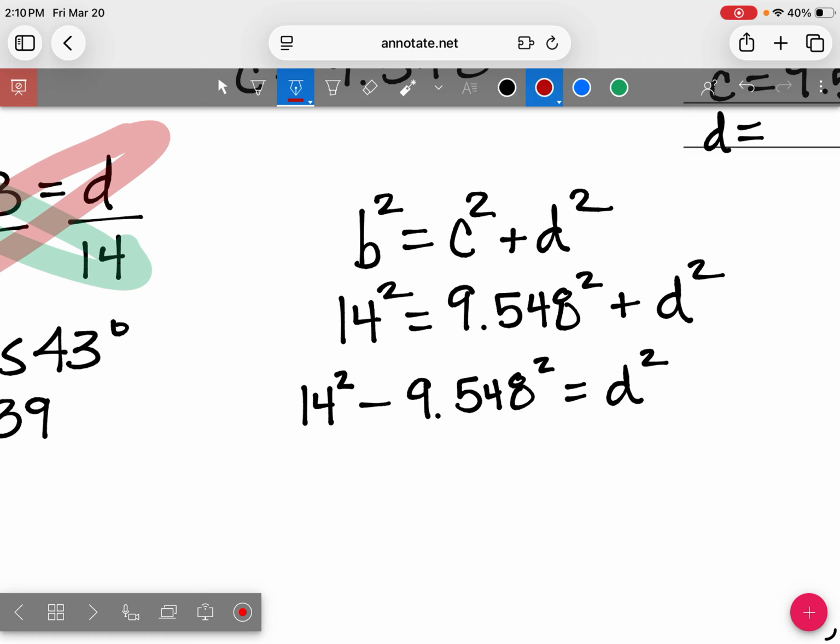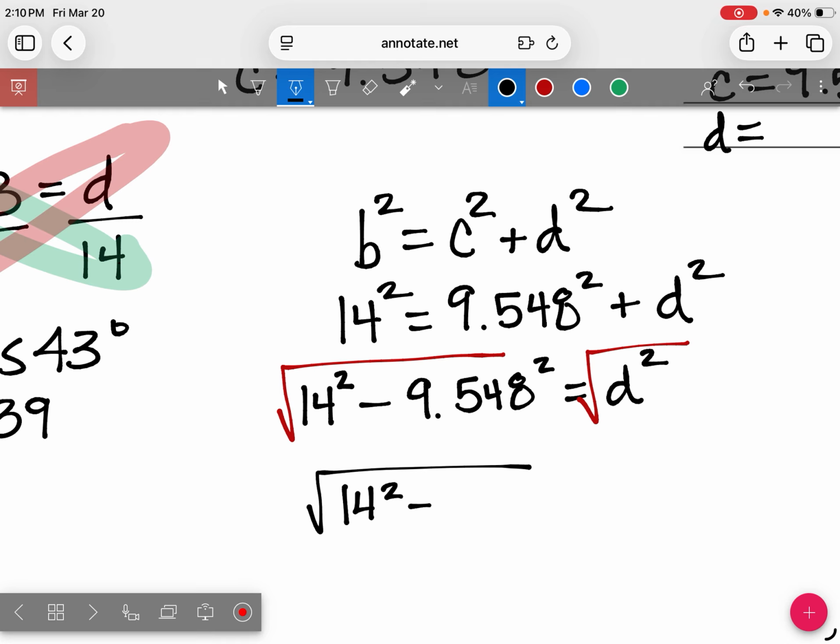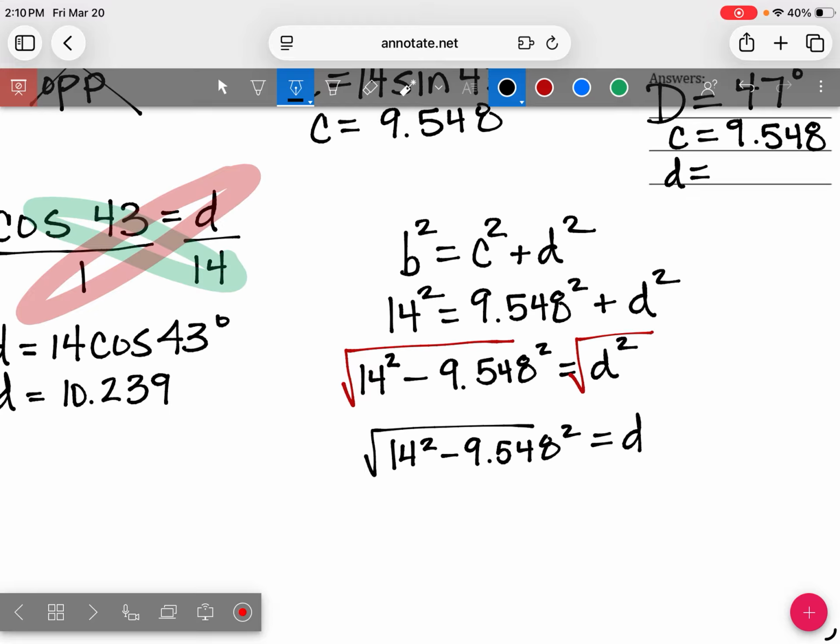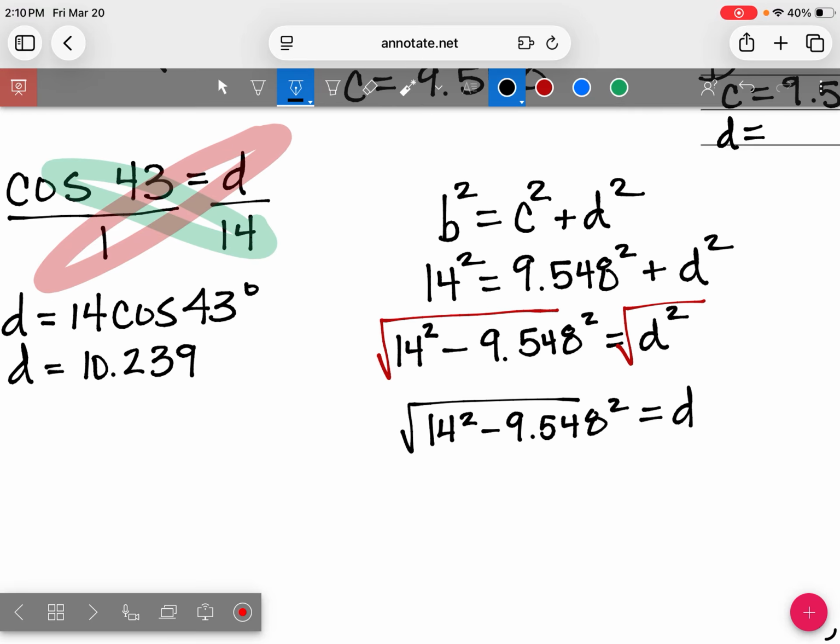And then I would take the square root. So the second way would be to take the square root of 14 squared minus 9.548 squared. Go ahead and type it in and verify that you get the same answer, 10.239.